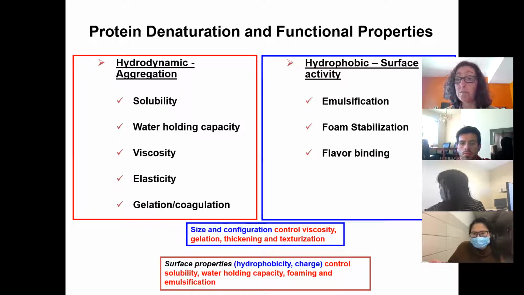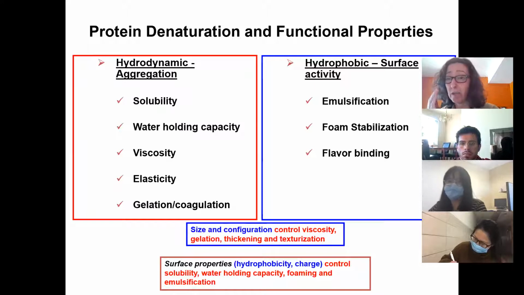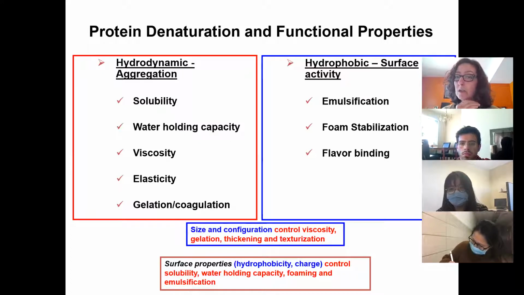So if you have foaming and emulsification, you really need to have a balance. The protein cannot be just completely hydrophobic on the surface, with really large hydrophobicity, no charge, no hydrophilicity. Then there will be very low interaction with the aqueous medium, and you don't want that.